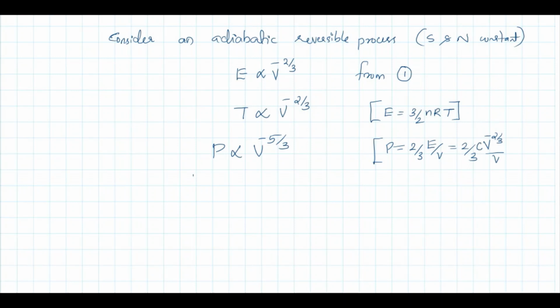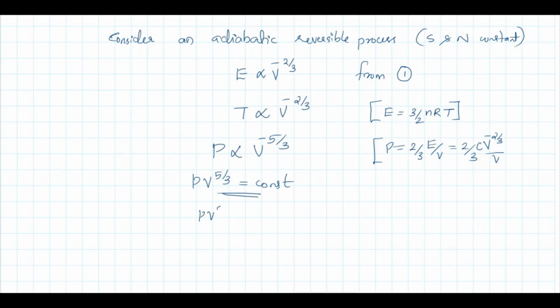E is proportional to V raised to minus 2 by 3, so P can be written as some constant times V raised to minus 2 by 3 divided by V. So P is proportional to V raised to minus 5 by 3, or PV raised to 5 by 3 is a constant. This is the equation for an adiabatic process.